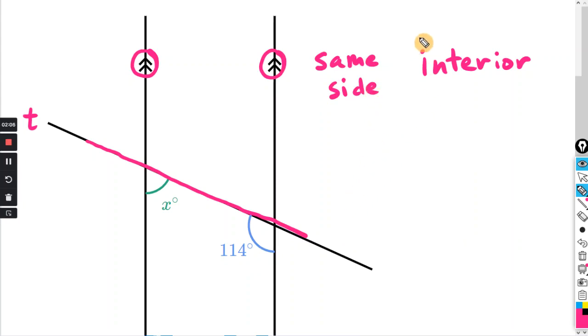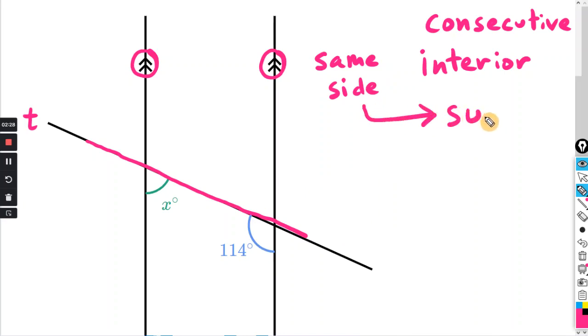Another word for same side is consecutive. I know same side is a little easier to remember, but that's what these angles are: same side or consecutive interior. And before, what we said about same side is that they are supplementary. That just means they add to 180 degrees.